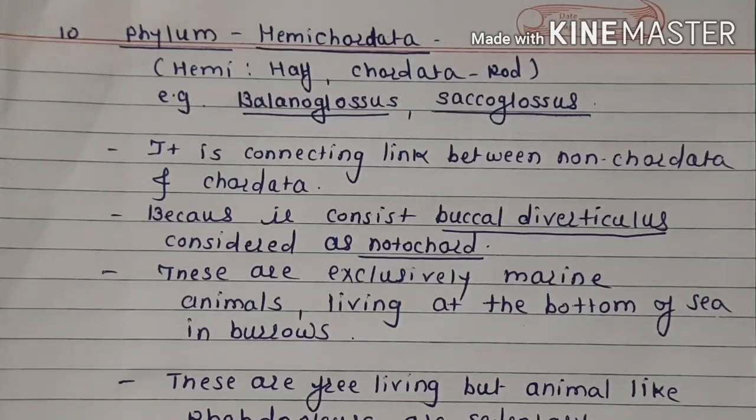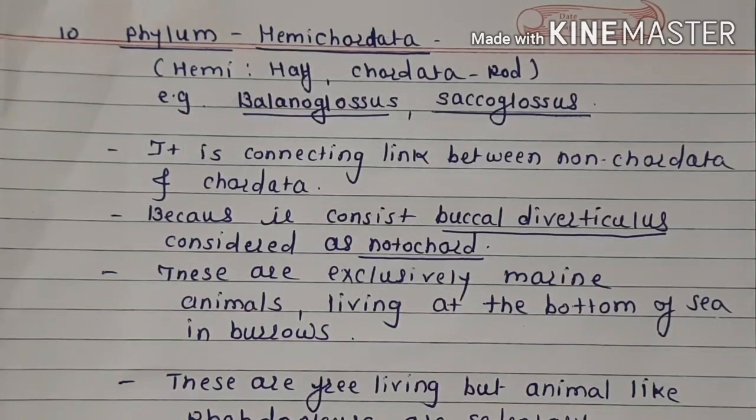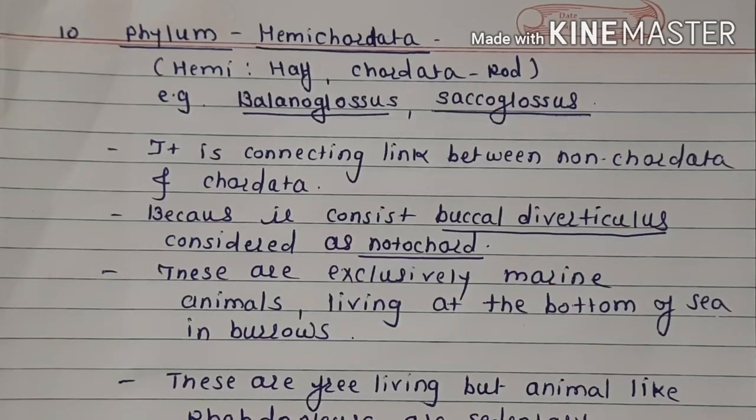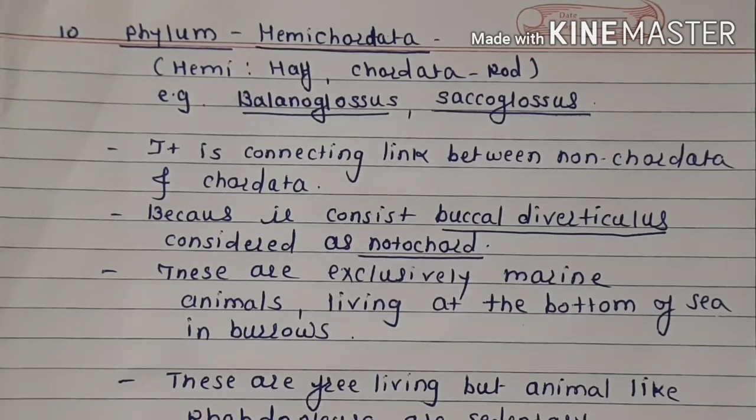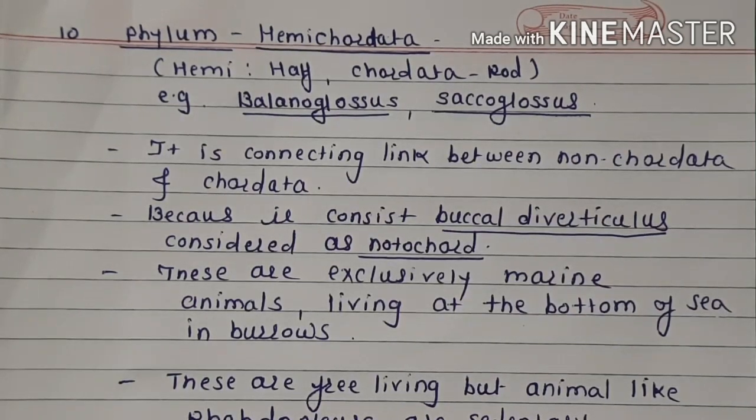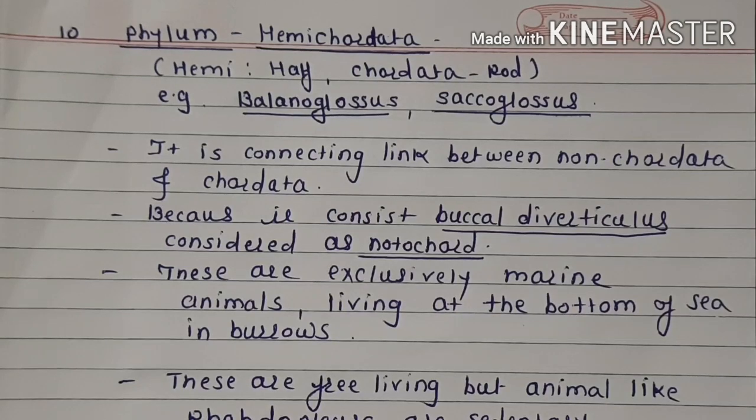Phylum Hemichordata. Hemi means half and chorda means rod. Example, Balanoglossus. It is a connecting link between non-chordates and chordates. Because it consists of buccal diverticulum, considered as a notochord.